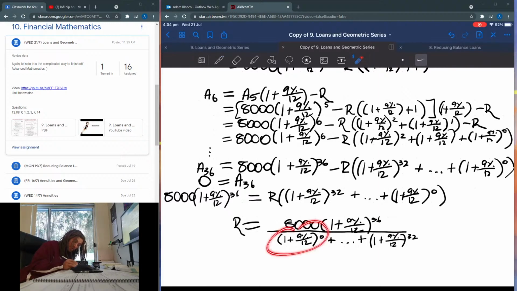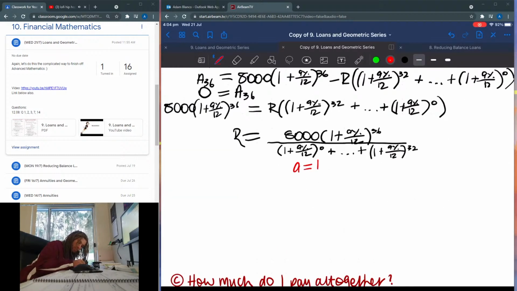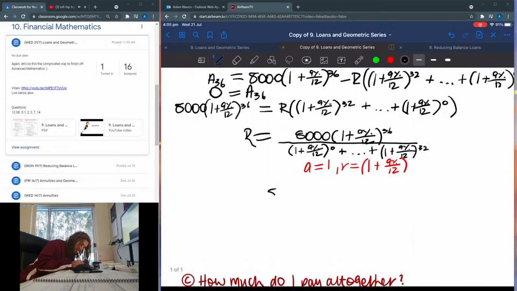So that's A and that's R. So A equals 1, R equals 1 plus 9% on 12. Now, the sum of, how many terms are there? It goes from 0 to 32, so this is a common mistake, there's 33 terms, not 32.